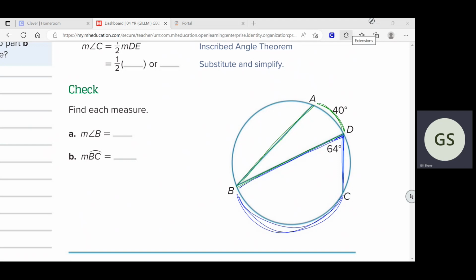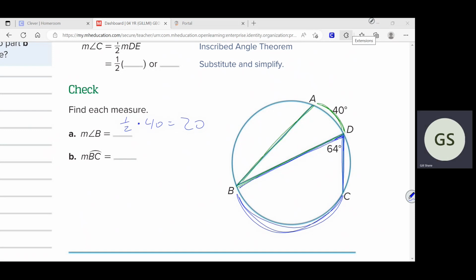So they want to know, what is the measure of angle B? Well, angle B matches up with what? Arc AD, right? So what's the relationship? The angle is what? Half the arc, right? So you should have gotten 20. Now, opposite, we want to know the arc going from an angle.